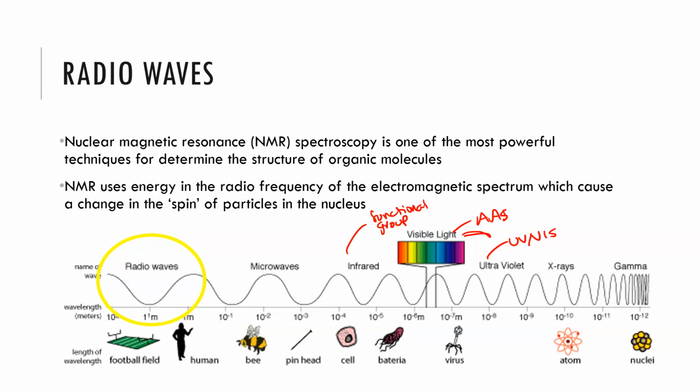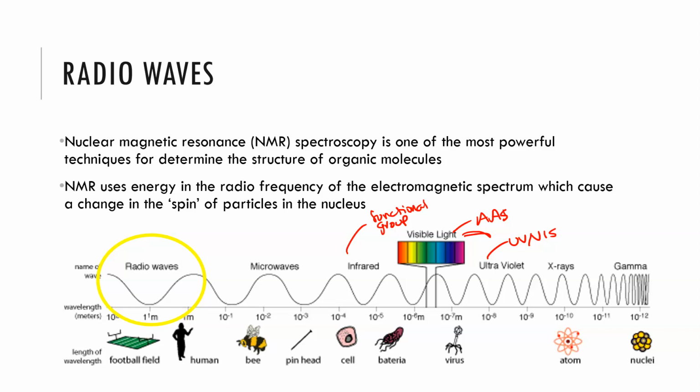And now we're going to look at radio waves. So these are the same radio waves as is picked up by a radio station, or an analog radio station at least anyway. And we can tune these frequencies in to respond to particular atoms in a molecule. And in this case, the majority of the time we're looking at doing proton or hydrogen. So we're probing the hydrogens within a molecule.